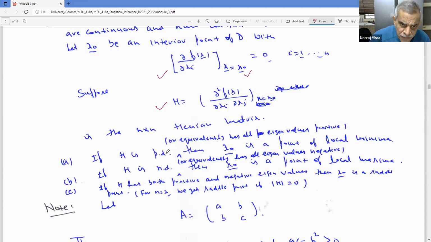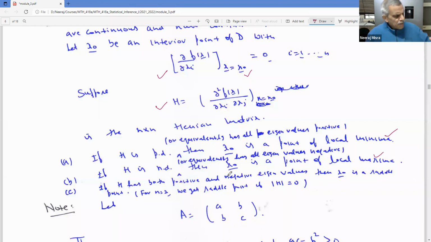If H is positive definite, or equivalently has all positive eigenvalues, then x0 is a point of local minimum. If H is negative definite, or equivalently has all eigenvalues negative, then x0 is a point of local maximum. If H has both positive and negative eigenvalues, then x0 is a saddle point.